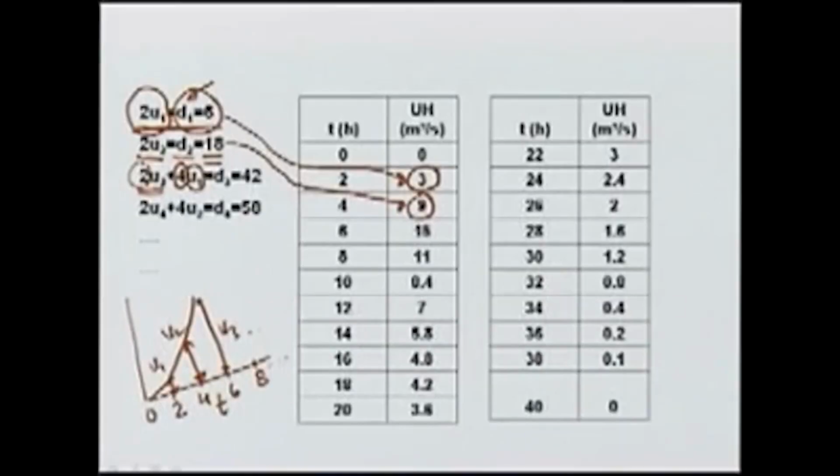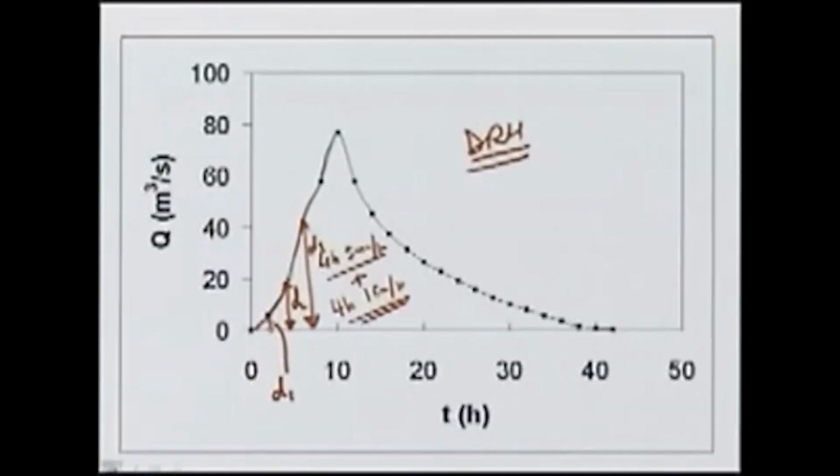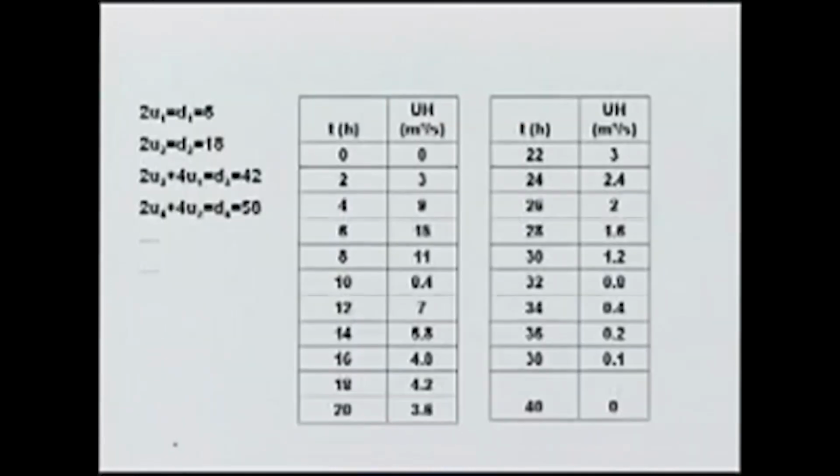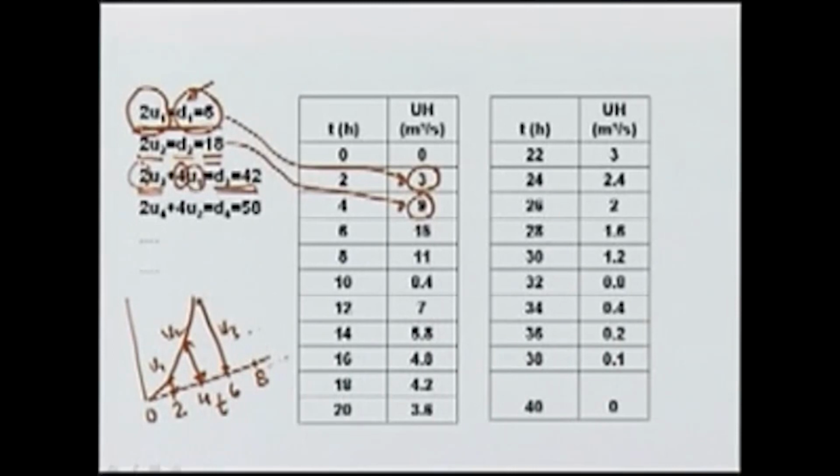So, 2 U3 plus 4 U1, this should give us the direct runoff ordinate at the third point, which is 6 hours, and this is known to us, 42 from the table of DRH. So, this 42 will be equal to the sum of 2 U3 and 4 U1. Now, U1 is already known to us as 3, and therefore, we can solve this equation, because 4 U1 will be 12.